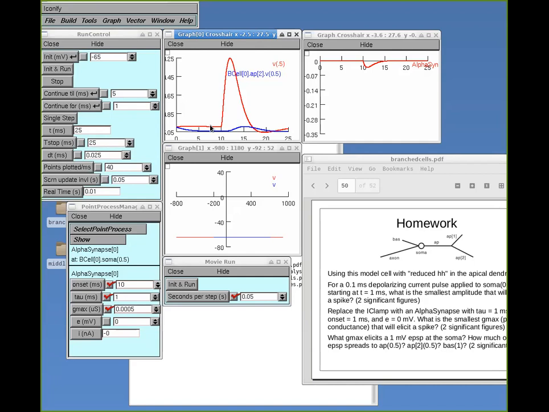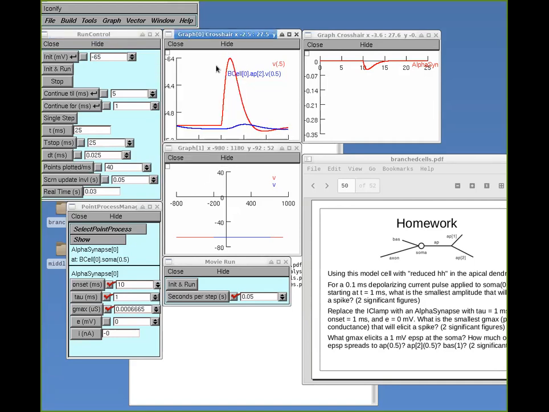So here is our EPSP at the soma, and it's going from minus 65 to minus 64.25. So I need to make it about 1/3 larger. So I'll multiply that by 1.333, and we'll see what we get.